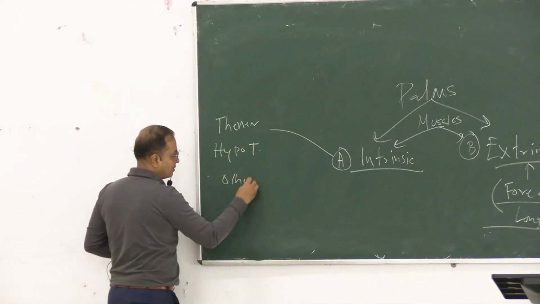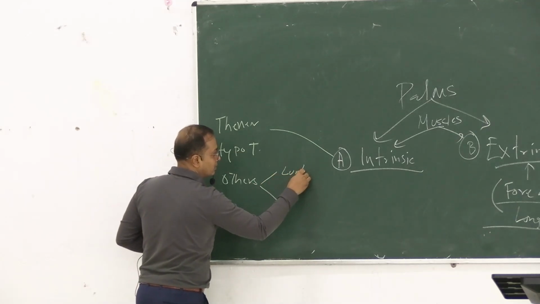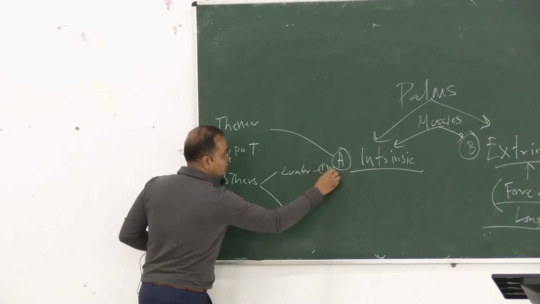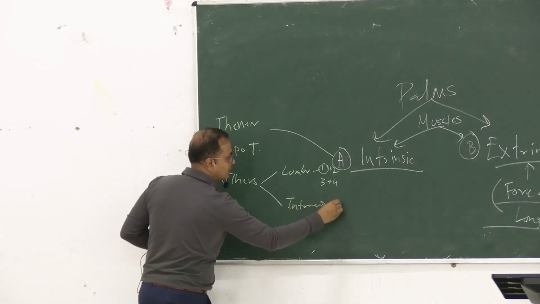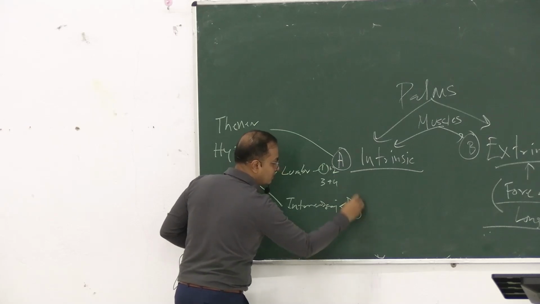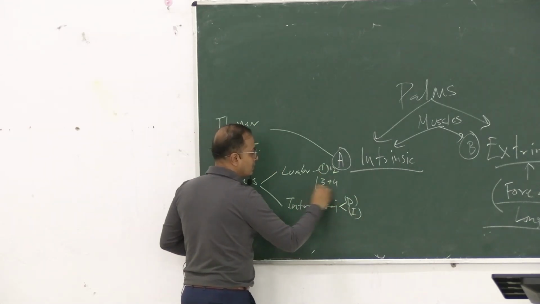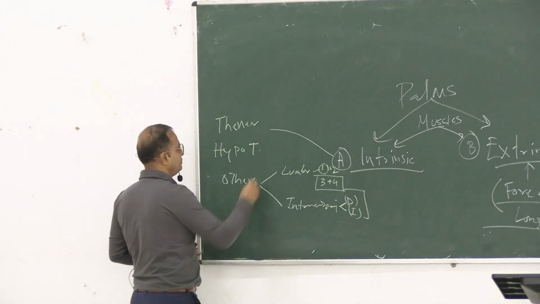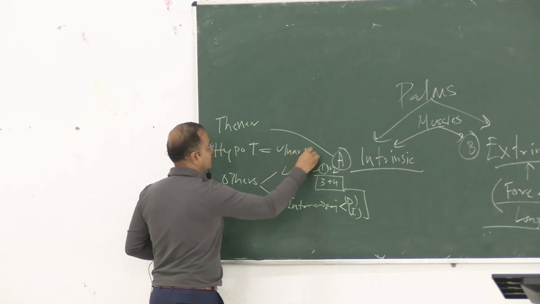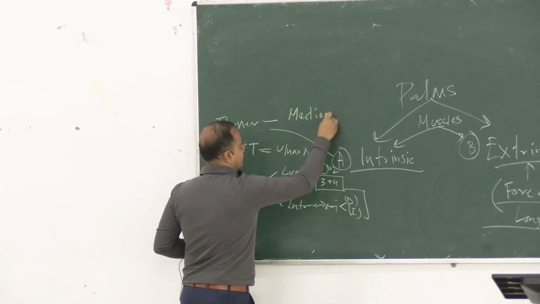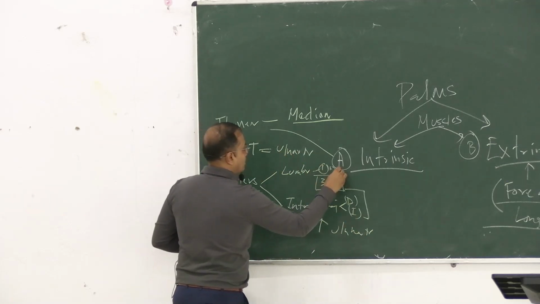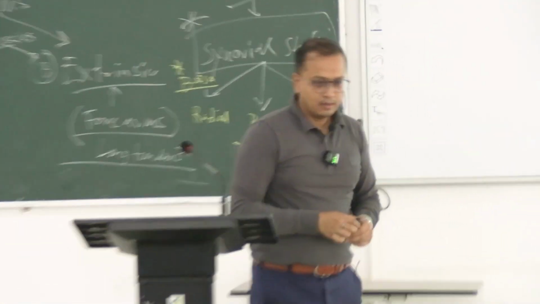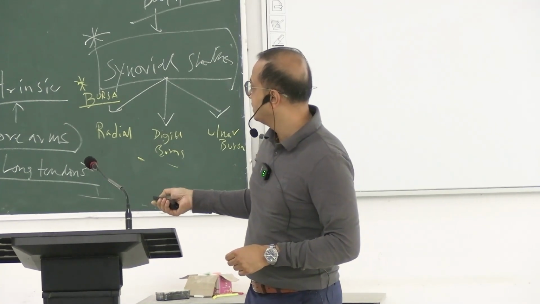So to summarize the intrinsic muscles and their nerve supply, we categorize them: thenar, hypothenar, others meaning lumbricals 1 plus 2, 3 plus 4, and interossei, dorsal and palmar, all of them together. Of the intrinsic muscles of the hand, the 3 thenar muscles along with lumbricals 1 and 2 are supplied by the median nerve.